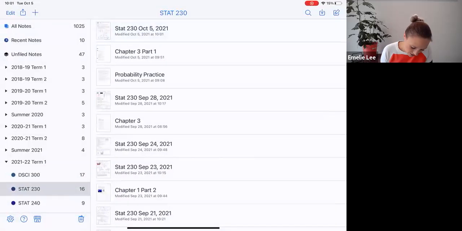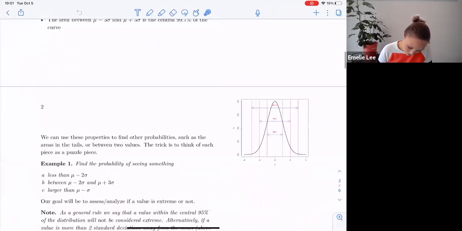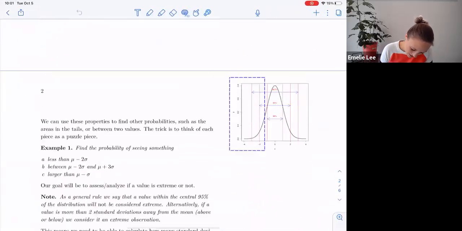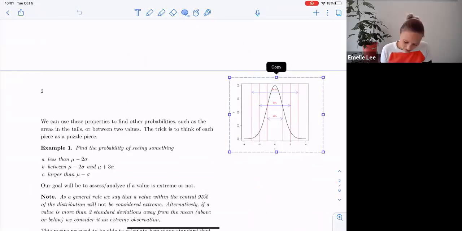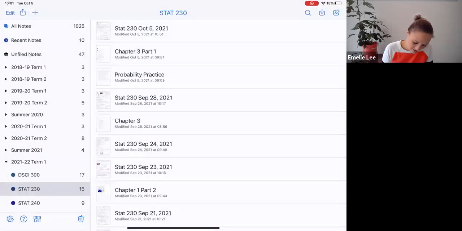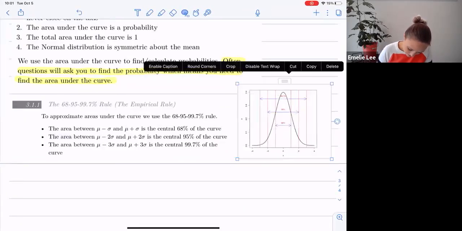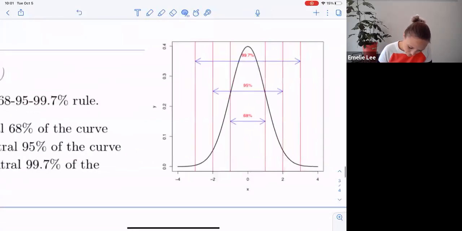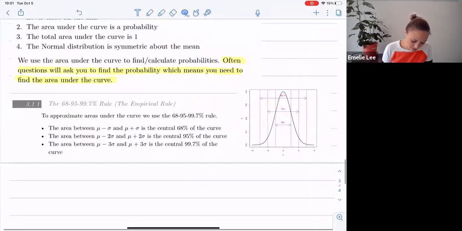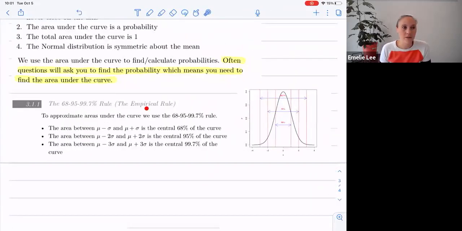Okay, and I've tried so many different times to draw this, and when I went to program it, it was even harder than drawing it by hand, but here it is. So it's called the empirical rule, but I usually just call it the 68, 95, 99.7 rule because that's the most telling of what's going on.